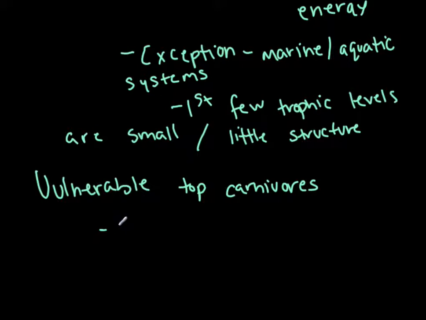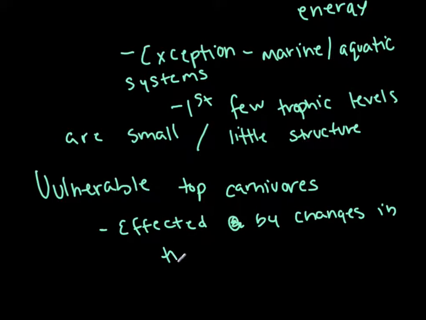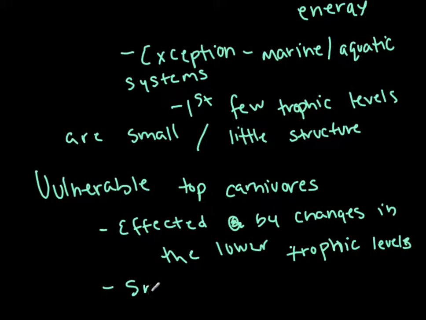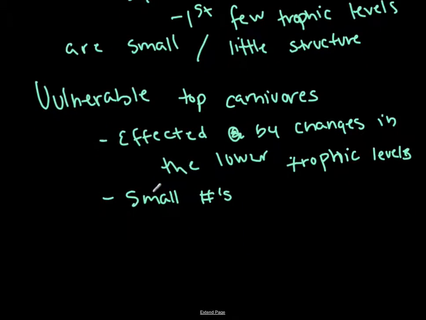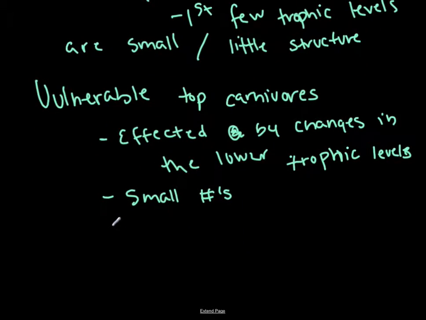So they're really affected by changes in the lower trophic levels. There are small numbers to begin with, just because the amount of energy to support one is quite a bit.